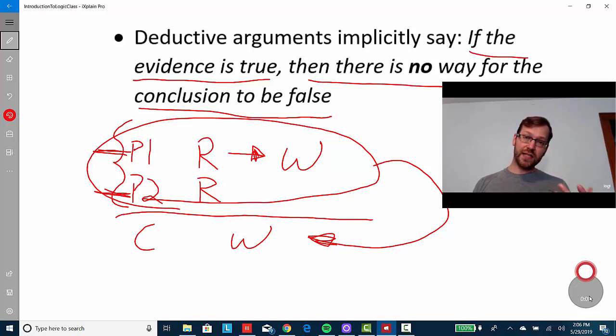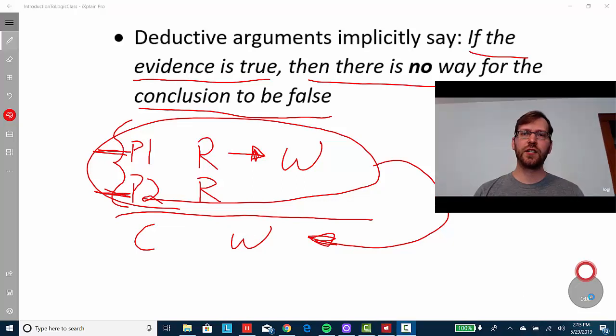All right, so why is that important for philosophers? It's important for philosophers, and really for anybody that's interested in making sure that you don't get duped or hoodwinked by a bad argument, because it shows when it would be rational or irrational to accept a conclusion.